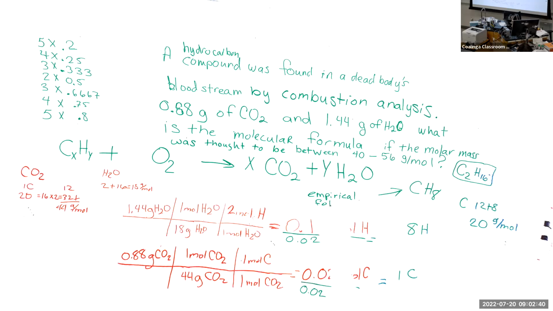Double. Okay. So to determine our molecular formula, we knew it fell between the range. So what do we multiply? The empirical formula's molar mass would fall within this range. Multiply it by 2, right? If we multiply it by 3, that would be 60, right?